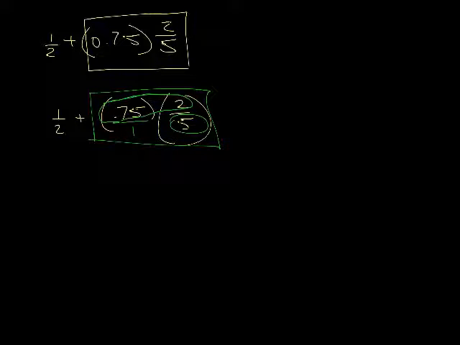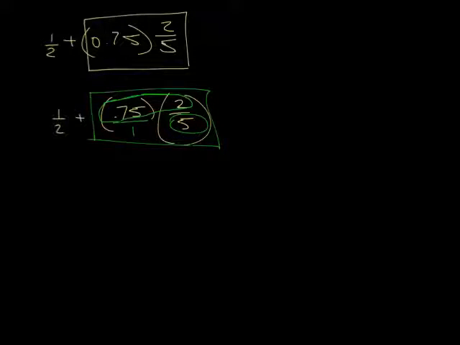And that works, so you're not even writing anything, you're just taking your calculator and doing 0.75 times 2, you get 1.5, divided by 5, and that gives you 0.3. Then add 1/2, which is 0.5, and you get 0.8. So that's another method of doing that, getting the same answer.